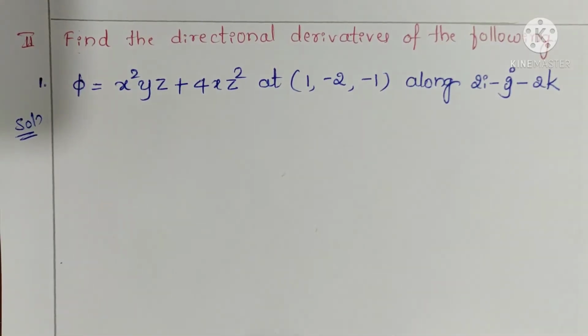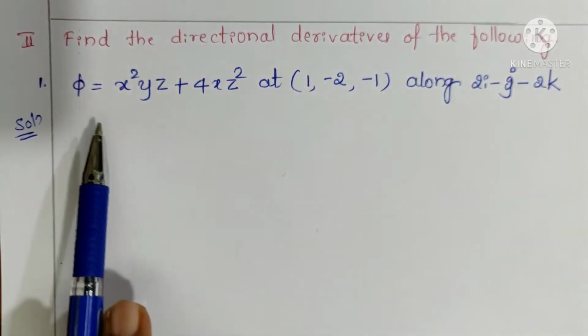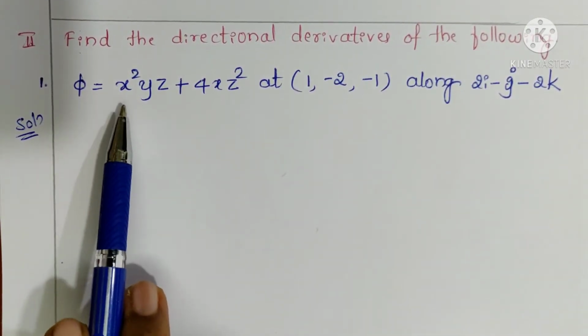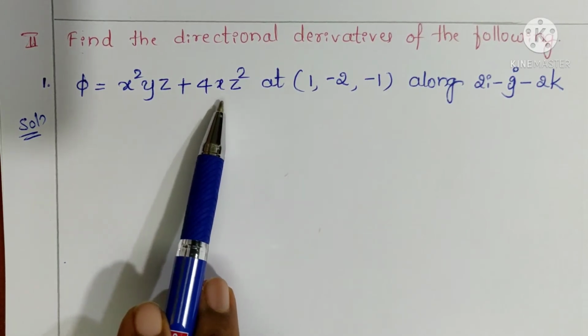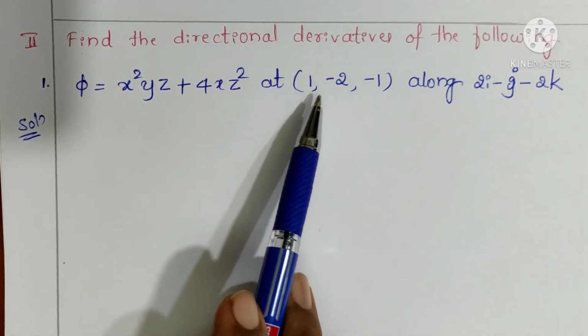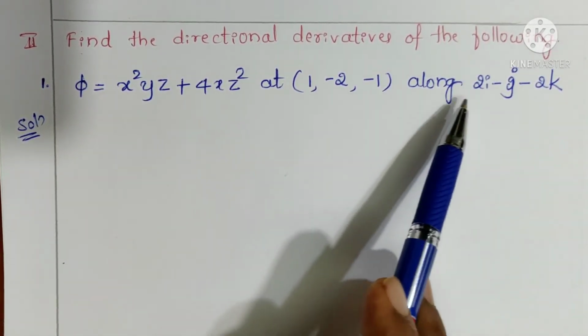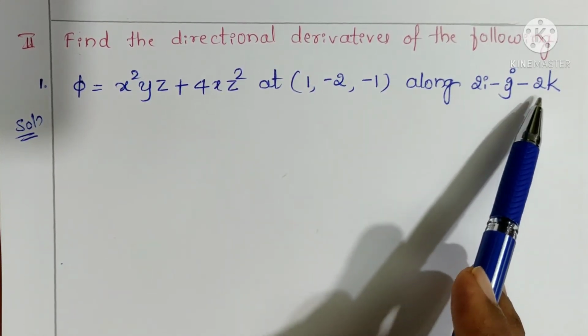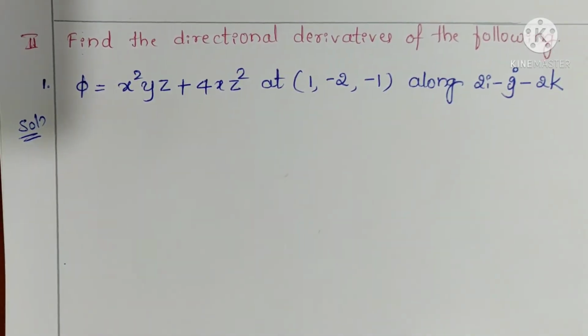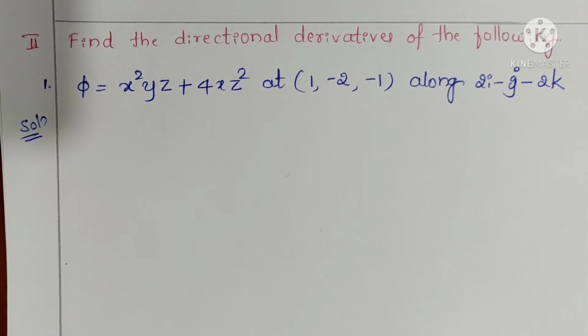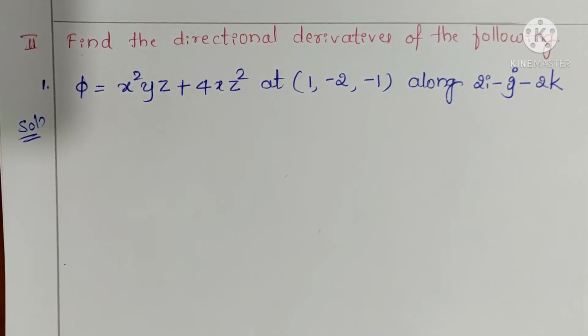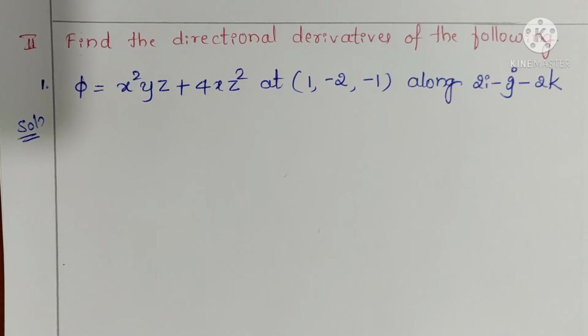Next, find the directional derivatives of the following. Given is first one 5 x square yz plus 4x z square at 1, minus 2, 1 along 2i minus j minus 2k. So along this vector we need to find the directional derivative of the given scalar.